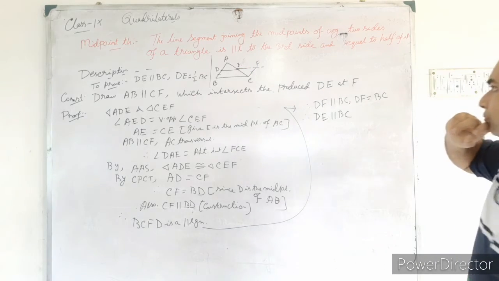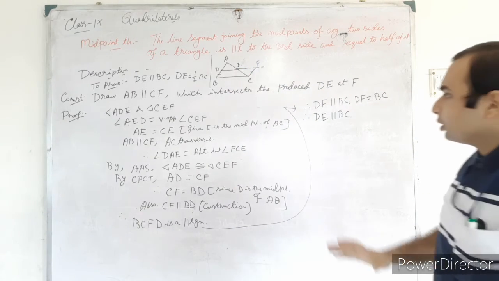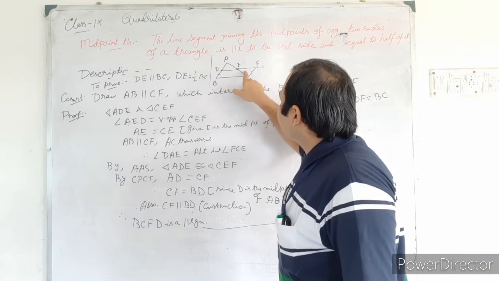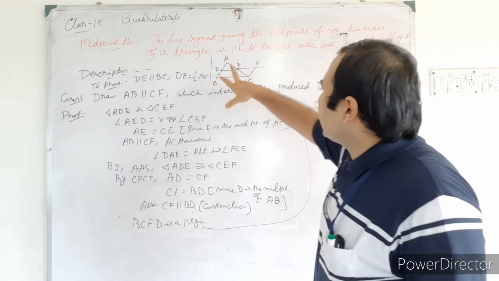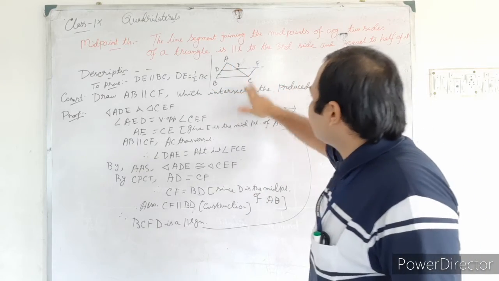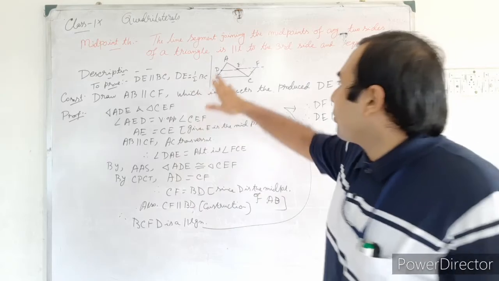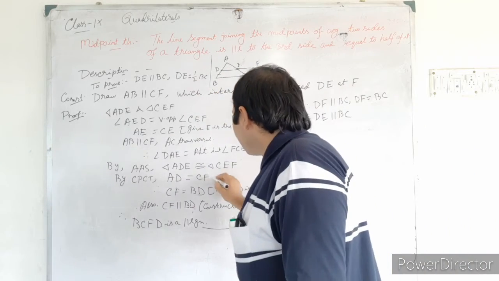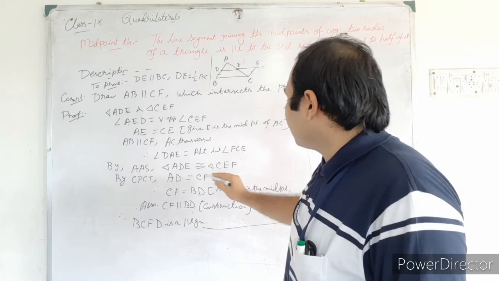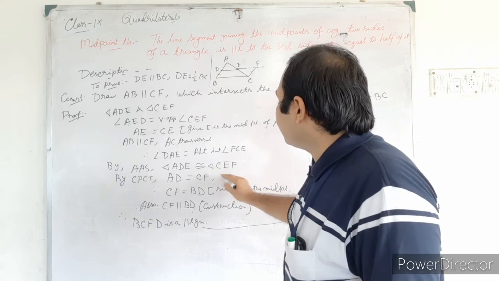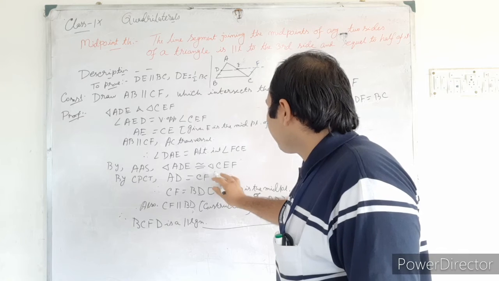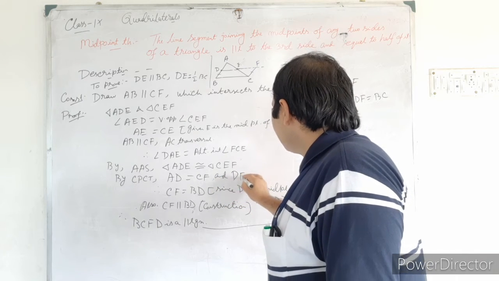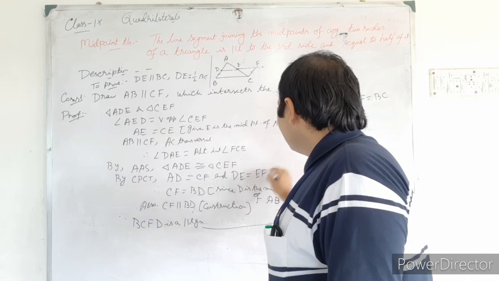So what if we can prove this triangle is congruent to this one? By CPCT this equals this. So why can we not take that DE is equal to EF? We can definitely say that. So here I am adding another part, that is AD is equal to CF and DE is equal to EF.